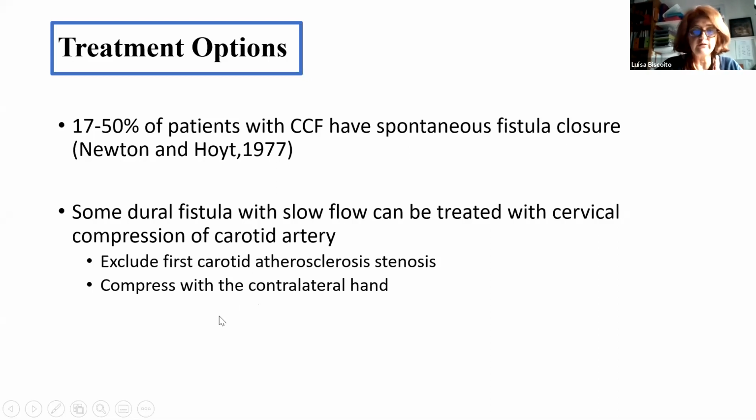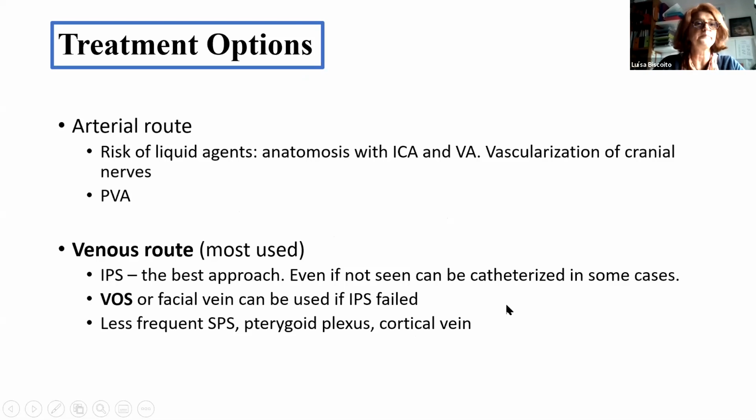But to do that, it's good to first exclude carotid atherosclerotic stenosis and then tell the patient to compress with the contralateral hand. But not all patients accept to continue this till the occlusion of the fistula.